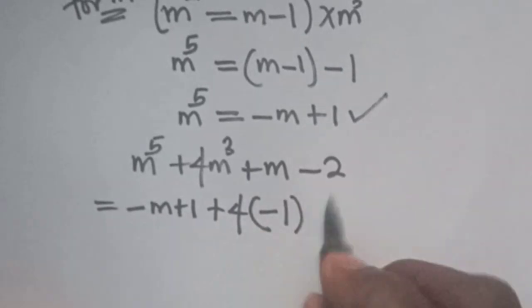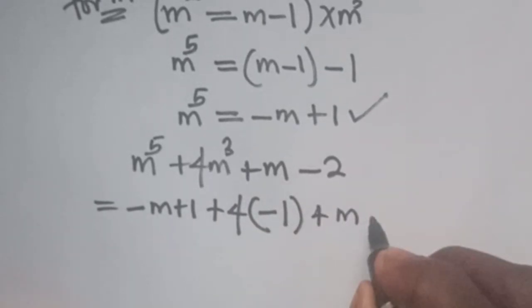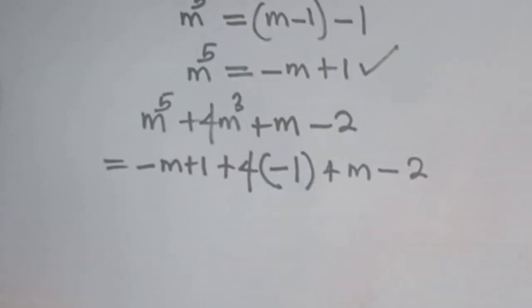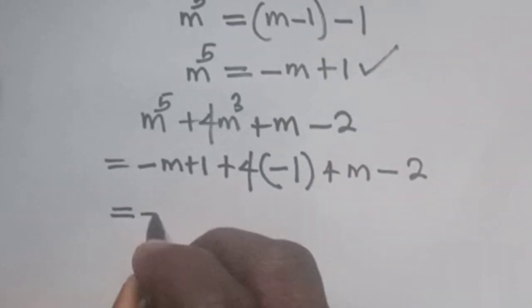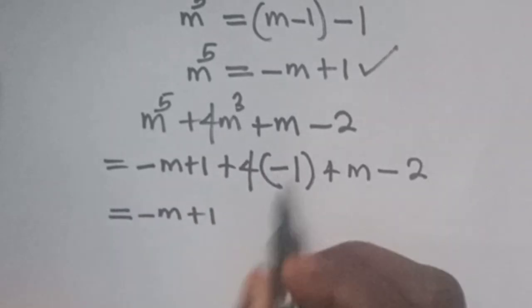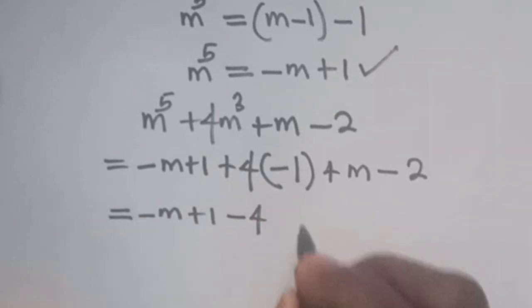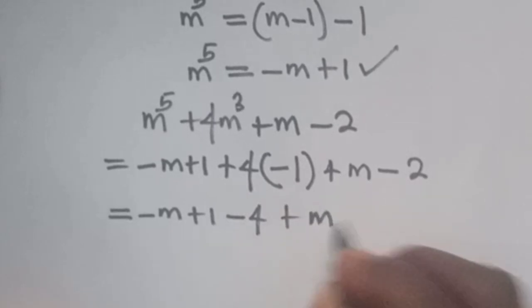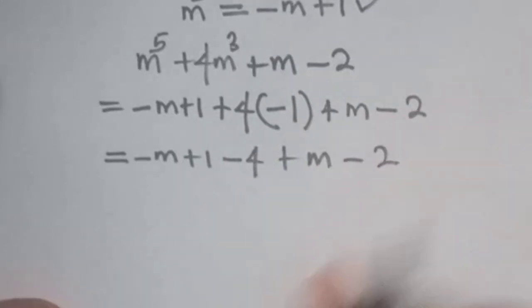If we close this bracket, plus m and minus 2. If we simplify this further, we have minus m plus 1, 4 times minus 1, that is minus 4, and this is plus m, and minus 2.